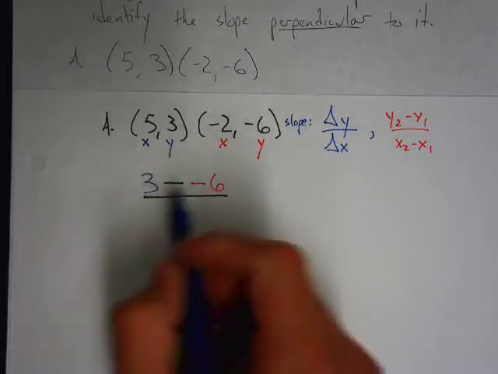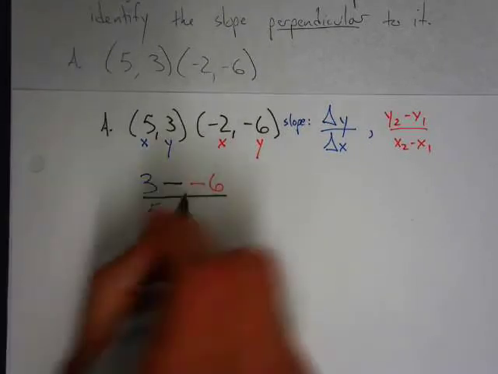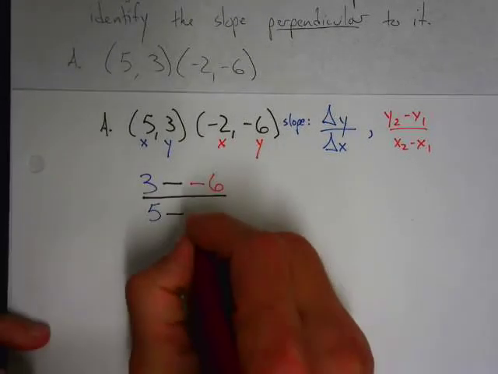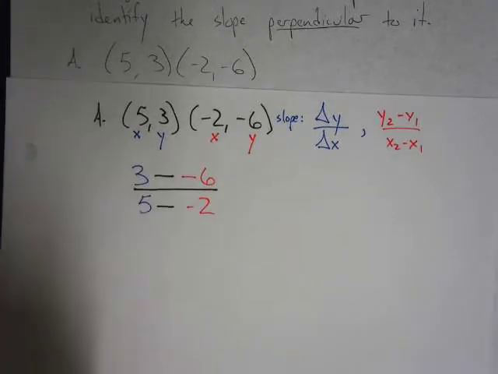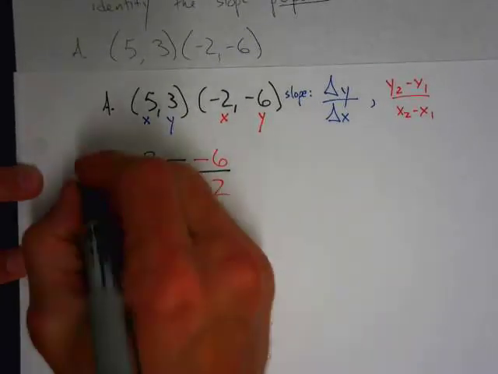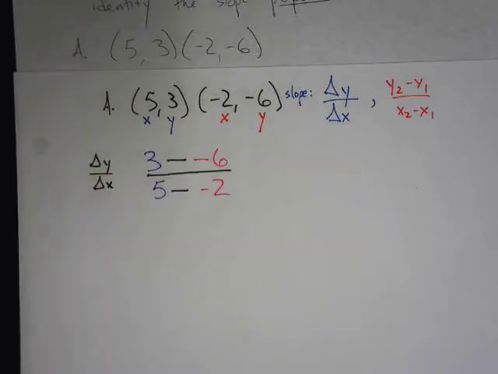So the change in y over the change in x, we'll do 5 minus negative 2. And it just doesn't matter which way is which. Again, I'm approaching this as the change in y over the change in x.